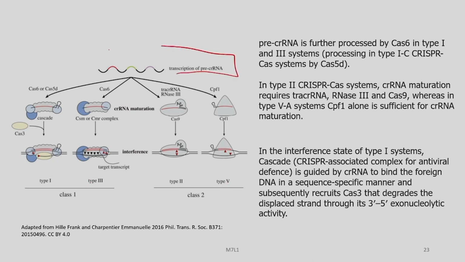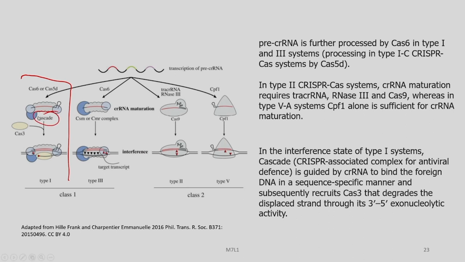The pre-CRISPR RNA is handled in different ways by different proteins in these different classes and types. For example, in class 1 you have the role of Cas6 or Cas5d or Cascade.